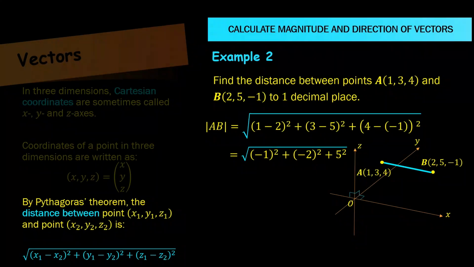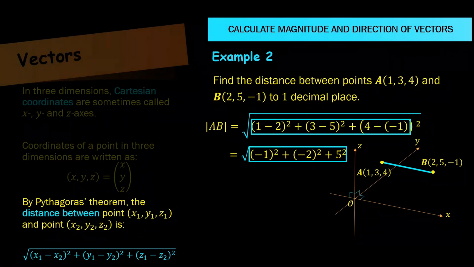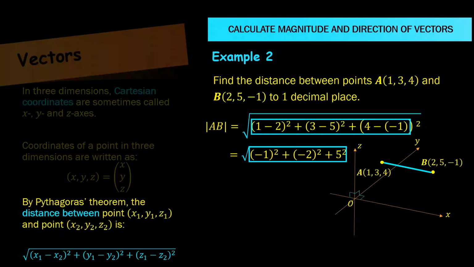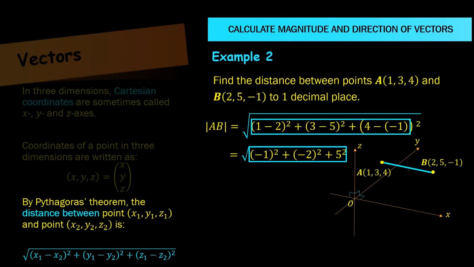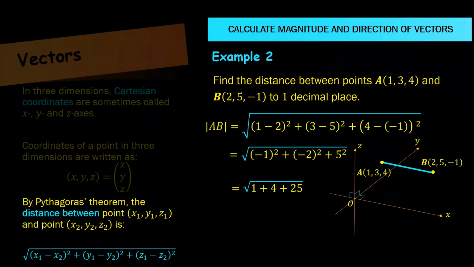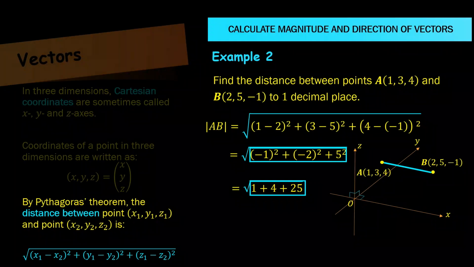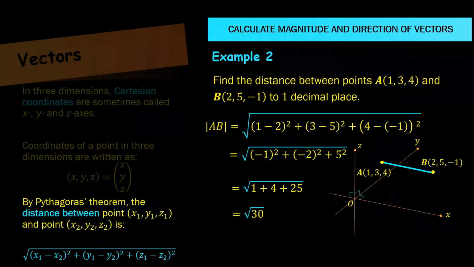And this is equal to square root of (-1) squared plus (-2) squared plus 5 squared, which equals square root of 1 plus 4 plus 25, which equals square root of 30. And this equals 5.5.